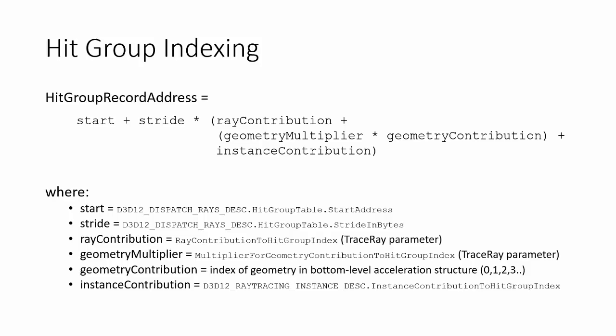And what's happening here, the geometry multiplier was a parameter to trace ray. The geometry contribution is just an index into the bottom level acceleration structure. It's a system generated value for every mesh within that structure that goes 0, 1, 2, monotonically increasing. And then we also add in the instance contribution, which came from the instance in the top level structure.